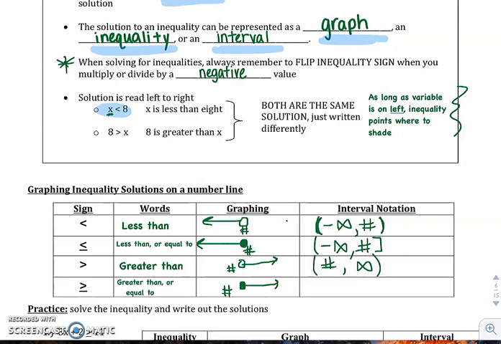And then greater than or equal to still starts at that number, but we're including it, so we're going to do a bracket, still going to positive infinity. So the dot and that line tell you if you're using a closed or open dot, and whether it's closed or open determines whether or not you're including it with the bracket, or not including it, which is when you use the round parenthesis.